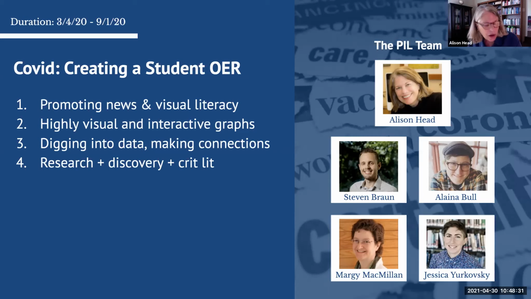So I'm hoping that you help us spread the word, because I think it's a really cool, invaluable kind of resource for doing two things: for teaching news literacy, which more and more has become a subset of information literacy, and also visual literacy, which is something that librarians and a lot of faculty across the disciplines don't focus on much.